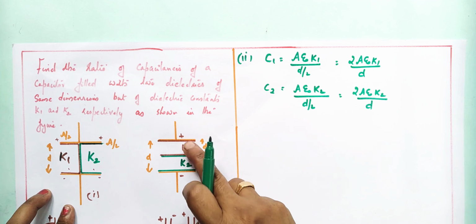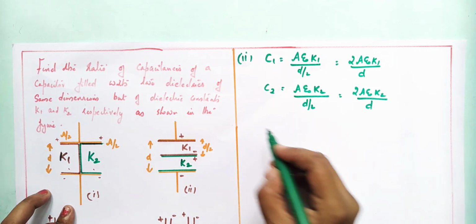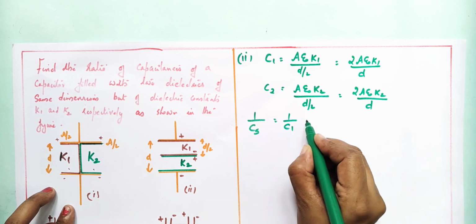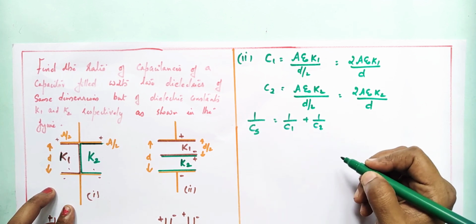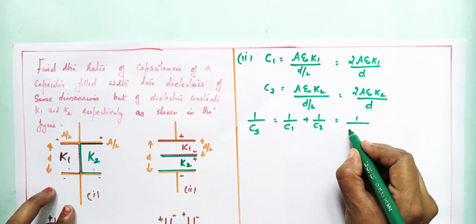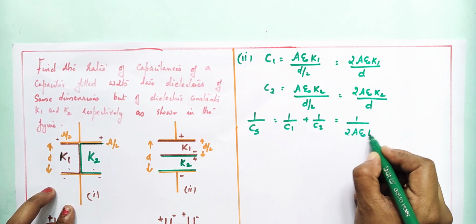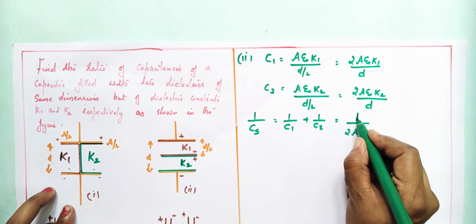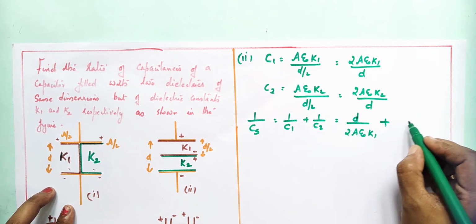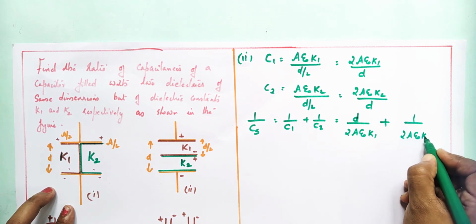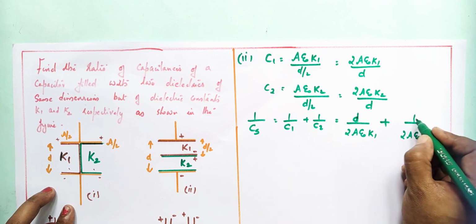Now, C1 and C2 are connected in series, so the general formula is 1 by Cs equals 1 by C1 plus 1 by C2. Substitute: 1 by C1 is D divided by 2A epsilon 0 K1, D comes to the numerator, plus 1 by C2, which is D divided by 2A epsilon 0 K2.